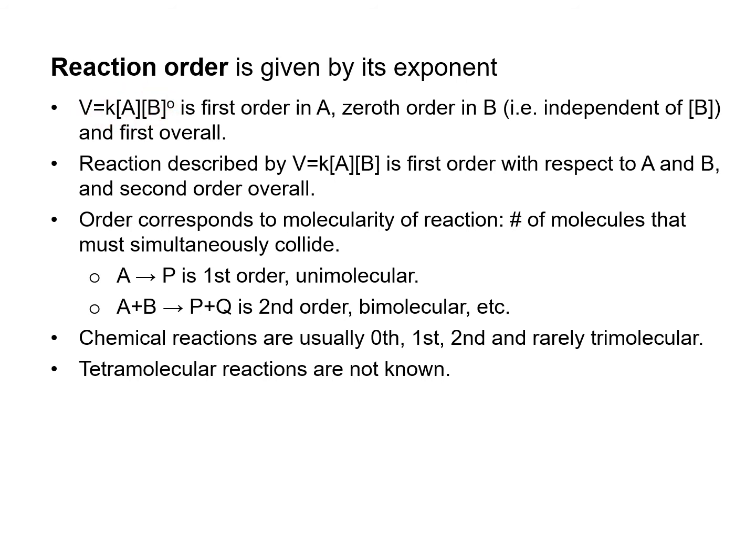And the reaction described by V equals the product of k and the concentrations of A and B will be first order with respect to A and B individually, and second order overall.